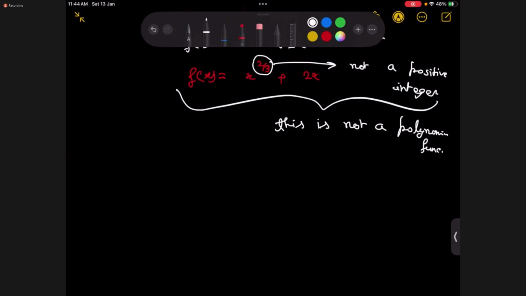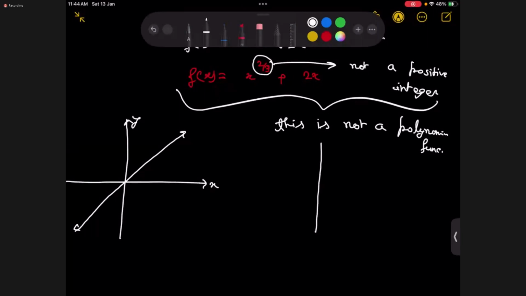So let us draw the graphs of a few functions. This is the graph of y equals x. We have already seen this. This is our x axis, this is our y axis. What about the function y equals x square? This is x, this is y, and this will be the graph of the function.